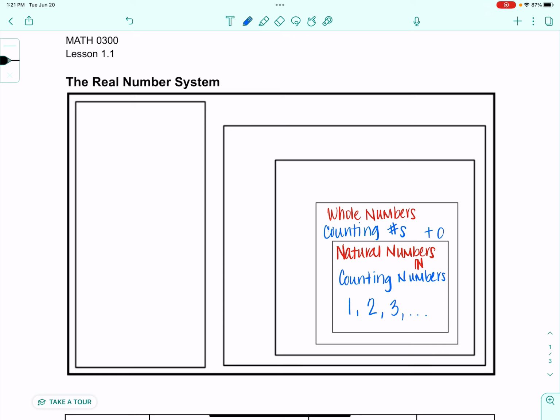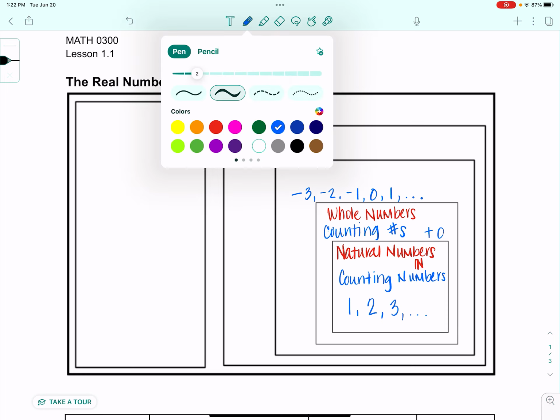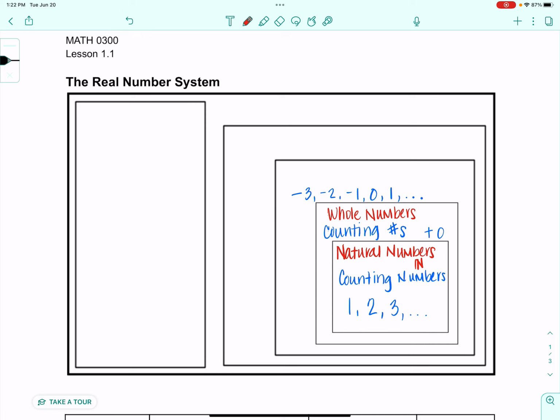After you learn about the whole numbers, you learn that if it's super cold outside, you might have temperatures that are -3 degrees, or -2, or -1, or it could be 0 degrees, or 1 degree. So now we're adding in the negative numbers. When we add in the negative numbers, we have wandered into the territory of the integers.